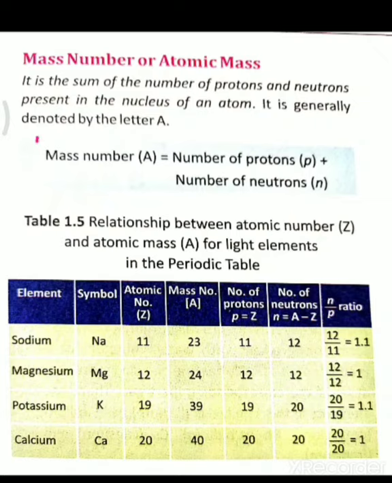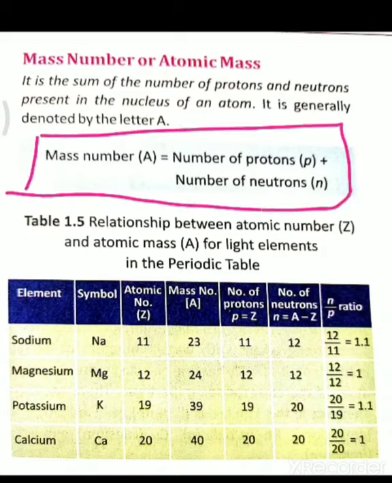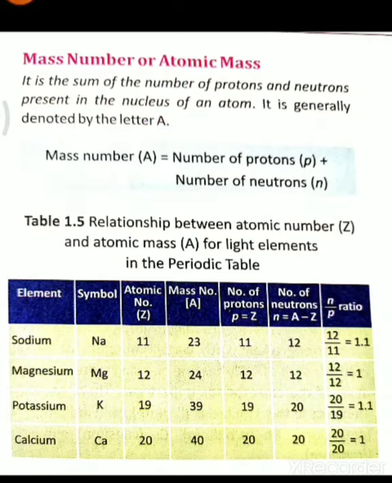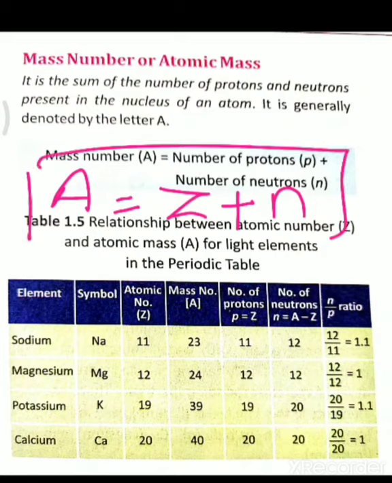This is the relationship between mass number and atomic number: mass number A equals number of protons, which is Z or P, plus N. This is the relationship between atomic mass and atomic number.